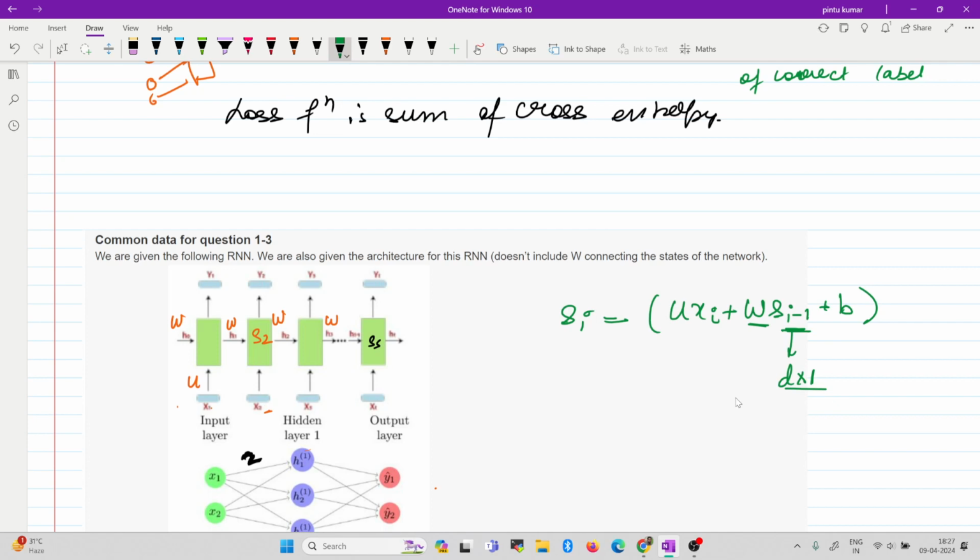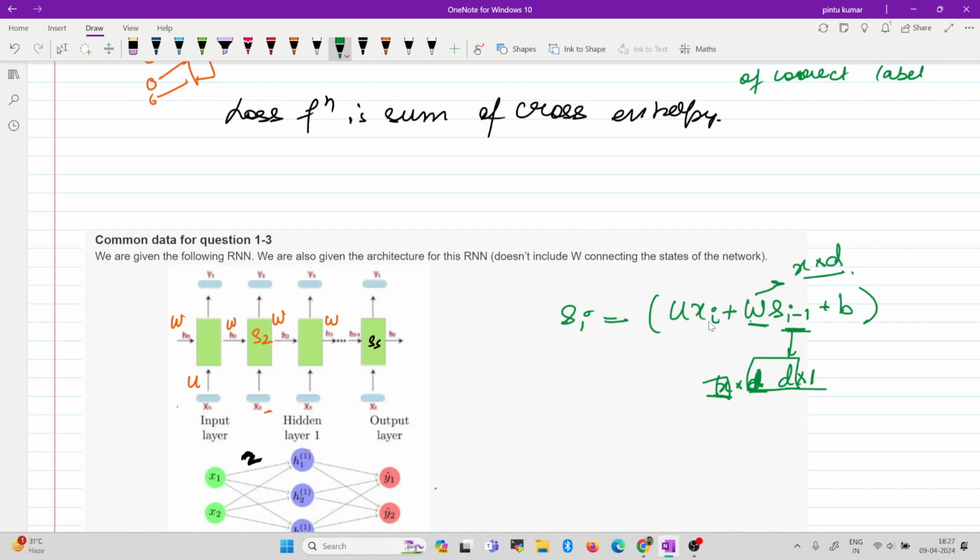Then my W should also be some X cross D, so that the multiplication is well defined. I don't know what X is right now, that's why I'm representing it by X. But the number of columns should be D, so that the multiplication agrees. Right now what I can infer is that my matrix is some X cross D.